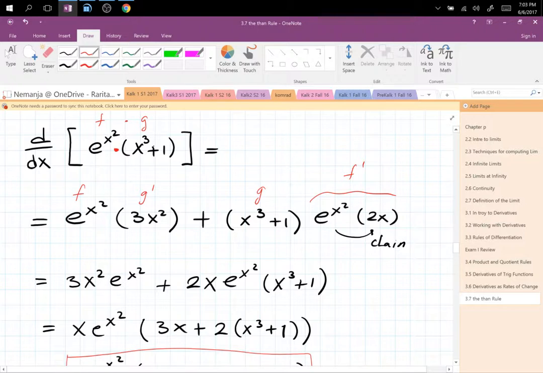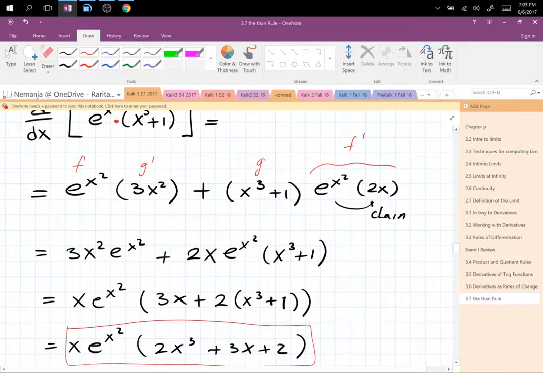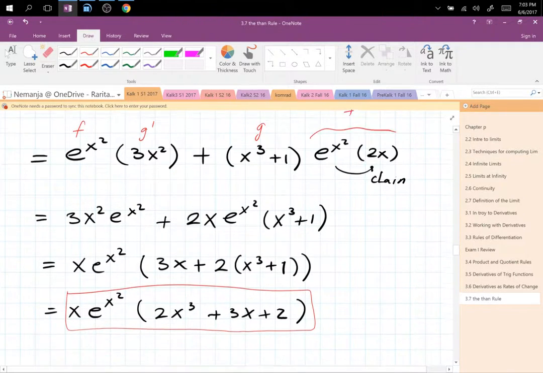So if you look carefully, I have copy f, so copy the first and then derivative of the second, plus copy the second and derivative of the first, which is the chain rule because it's not e to the x, it's e to the x squared. It's a composition of two functions. And then as you go down the line, the rest is algebra.